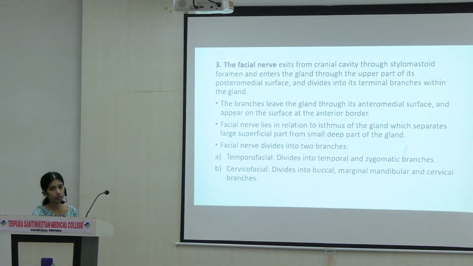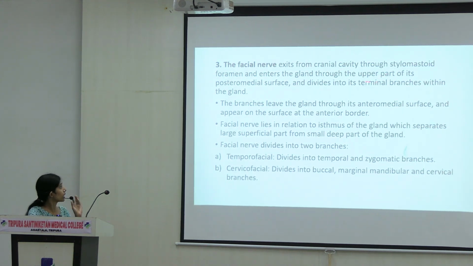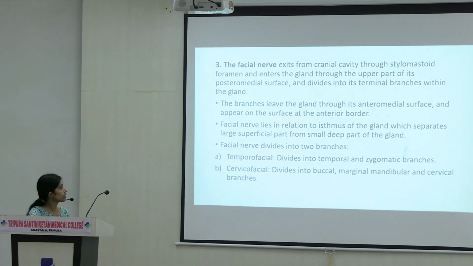The facial nerve exits from the cranial cavity through the stylomastoid foramen and enters the gland through the upper part of its posteromedial surface and divides into its terminal branches within the gland. The branches leave the gland through its anteromedial surface and appear on the surface at the anterior border.